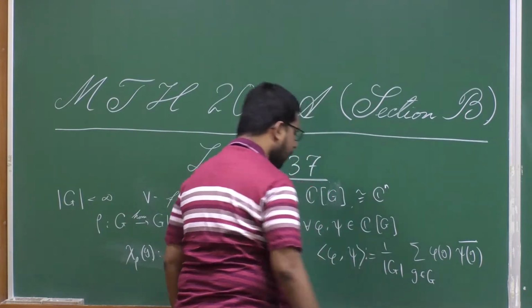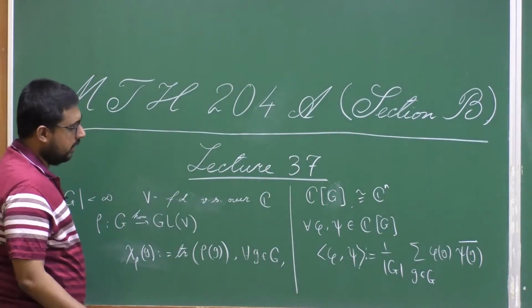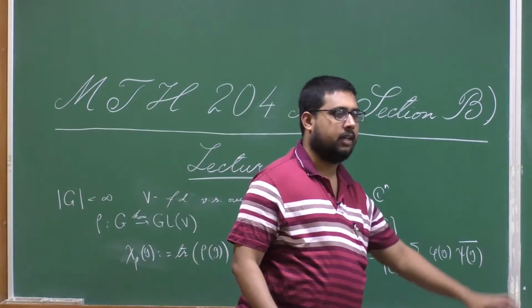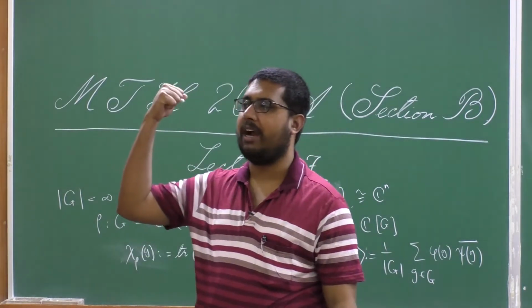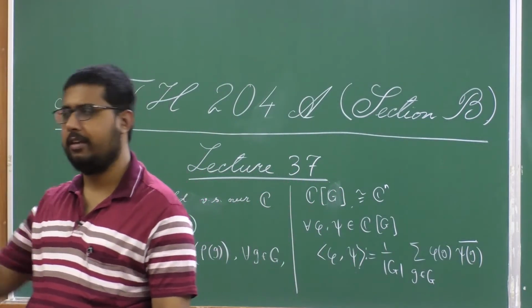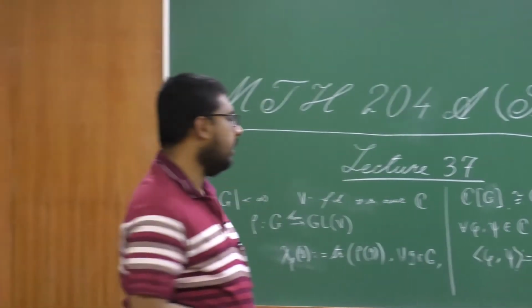As I have already said, this is nothing but the pullback of the usual inner product of Cn scaled appropriately.